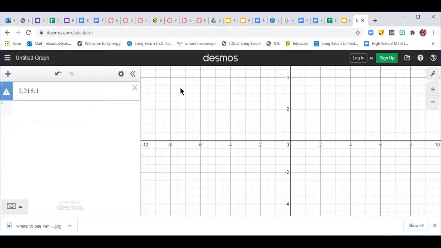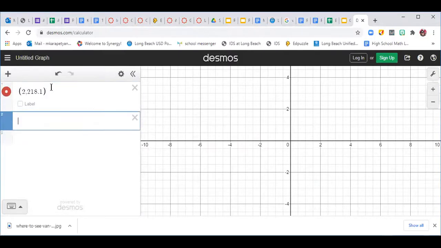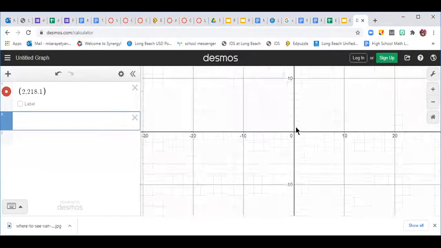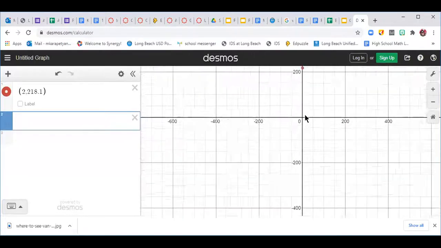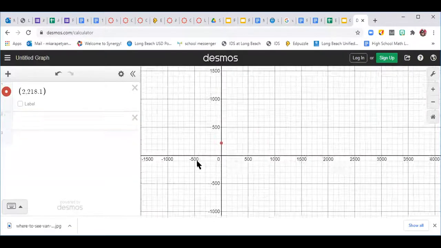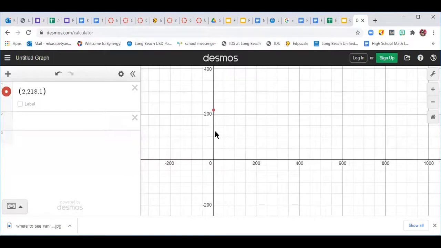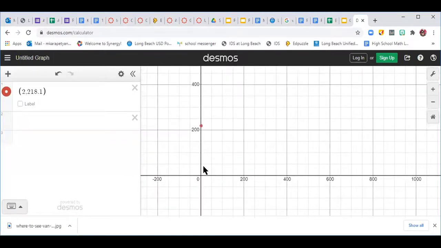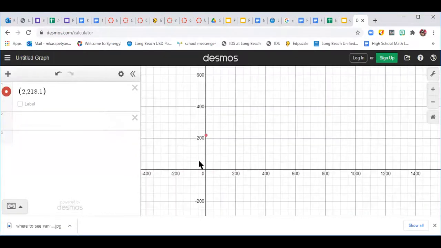And the 2 is coming from the 1957, because 57 is 2 years from 55. So I've already modified my data. And obviously you're wondering, where the heck did the point go, Miss K? Well, there it is.